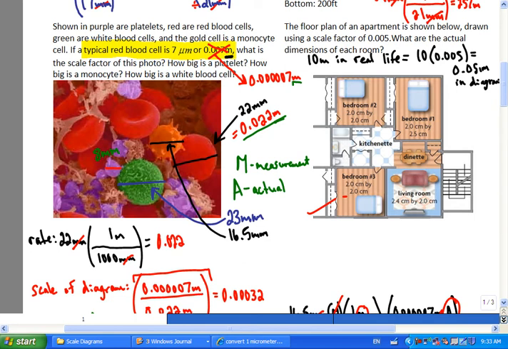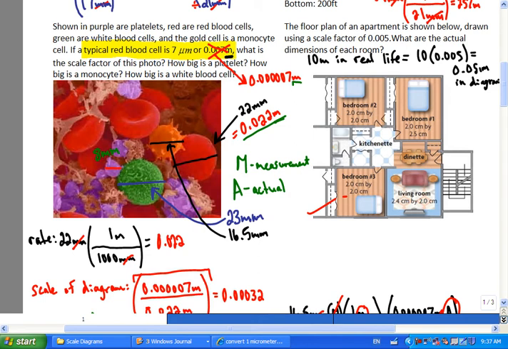Okay, so if you know the scale factor is 0.005, that means you take the real life measurement and you multiply by the scale factor to find out how big it'll be in your diagram. So I'm going to let you guys try to work it out, but what I want to know is what are the actual dimensions for these rooms, if that's how big it is on your sheet.